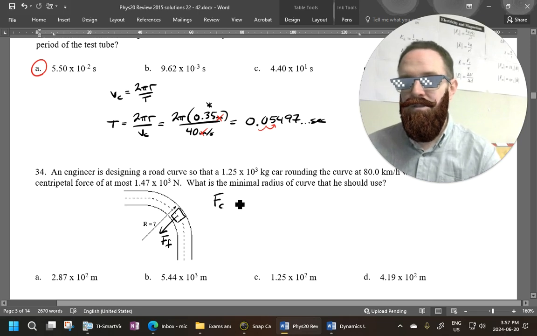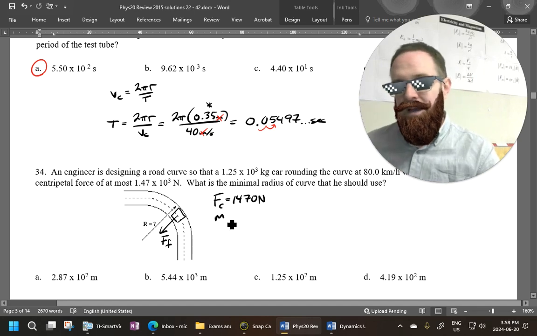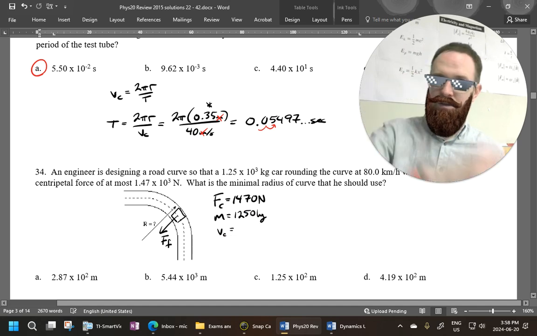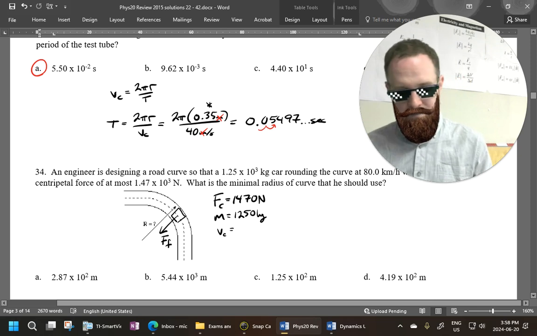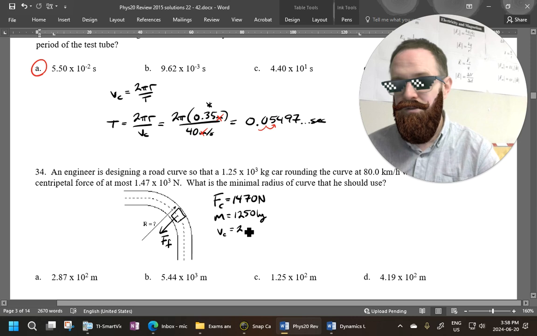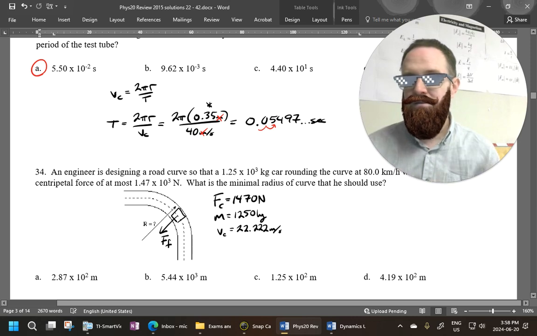So this 1,470 newtons, that's keeping the car in the circle. We have a mass, 1,250 kilograms. We have a speed, I'm assuming a circular speed because it's going around the curve, of 80 kilometers per hour, but I'm just going to divide that by 3.6. All right, so we get 22.222 meters per second. Bunch of twos there.